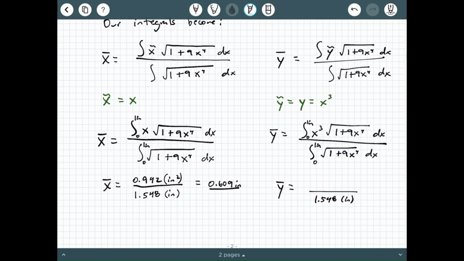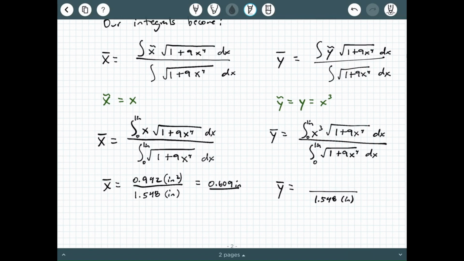So we need to type in this numerator integral into a calculator. Don't try to be a hero and do this by hand. You can do this in your calculator. This is not really meant to be a mathematical exercise. It's really meant to use math as a tool to solve this particular problem. 1 plus 9x raised to the fourth, and then raise that to the 0.5.